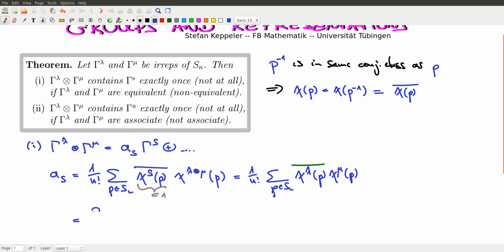So we really get 1 if gamma lambda and gamma mu are equivalent, and we get 0 if not.